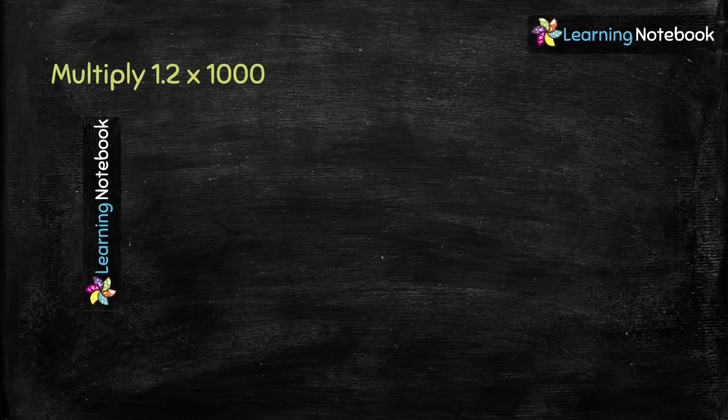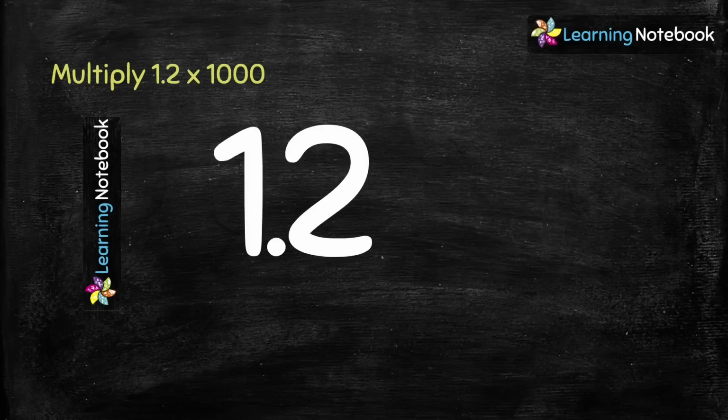Next question is, multiply 1.2 by 1000. So here students, since the decimal number is being multiplied by 1000, the decimal point will move to the right by 3 places. But 1.2 has only one decimal place and we have to move the decimal point 3 places.